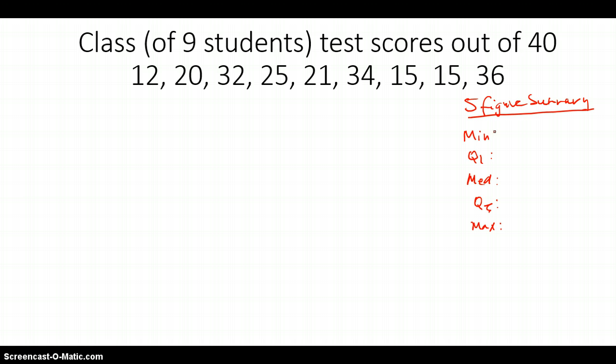Okay, so how do we get all these numbers? So the first step, when you're conducting this 5 figure summary, is to always rearrange your data into ascending order. So let's do that just now.